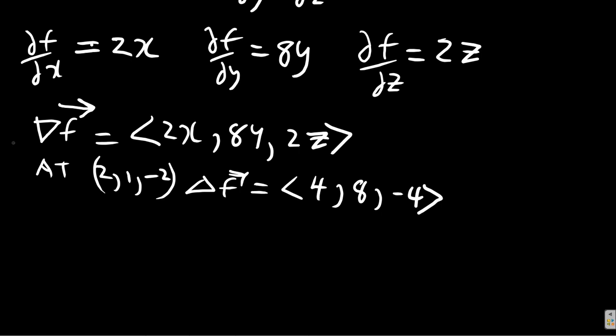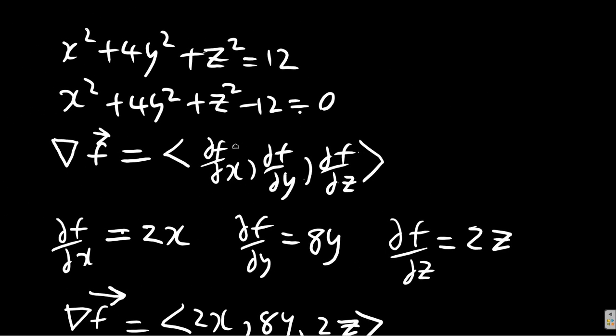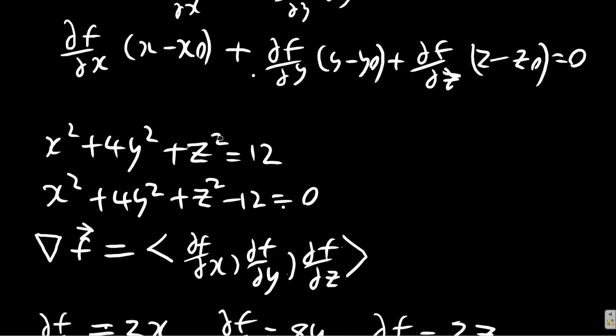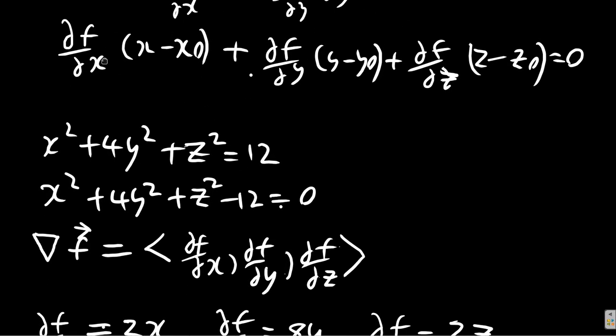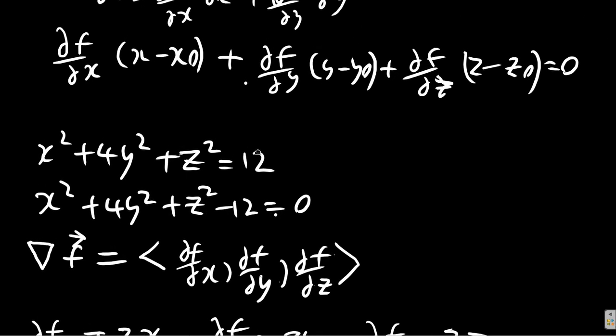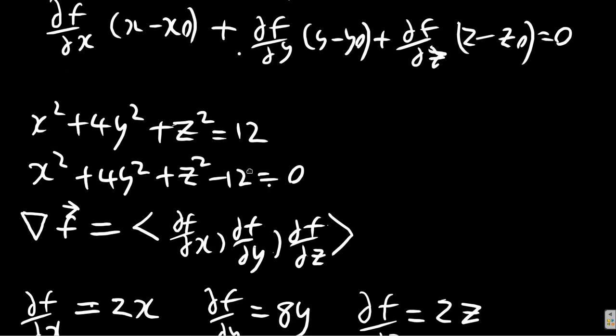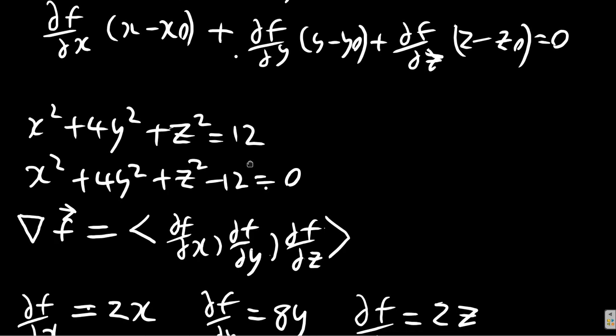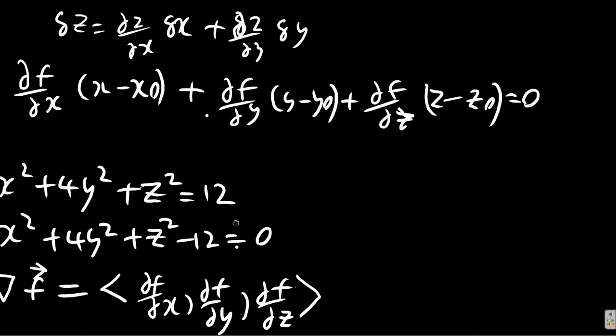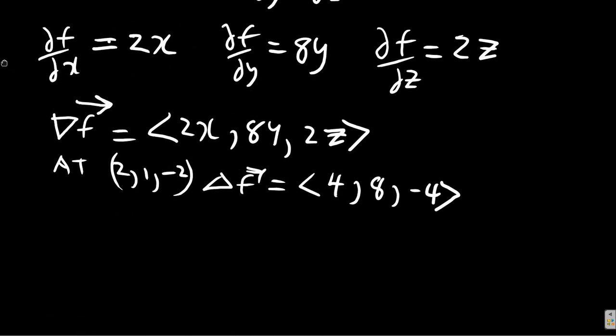Now, let's look back at our equation of the tangent plane. Delta f by delta x times x minus x0. Now, what is it that we call x0? Well, it is actually the value of x that we're given here.